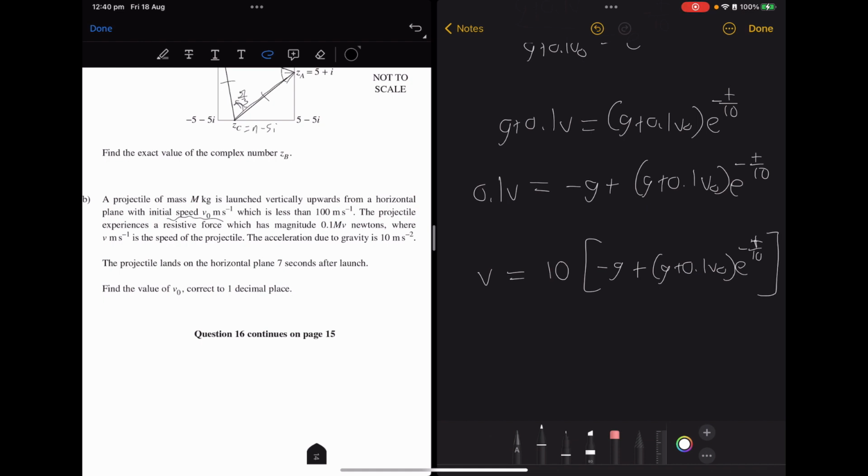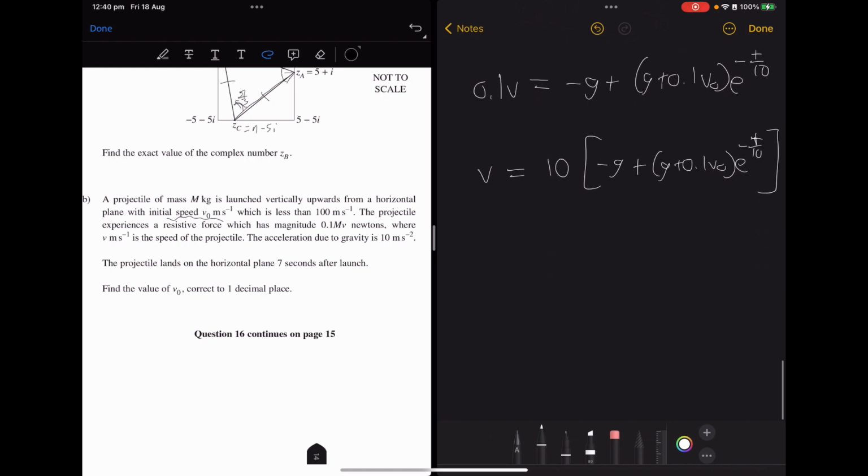Now the reason we do this is because we know that v is just dx over dt. Let's let x be the distance between the two. So let's integrate both sides. So the integral of dx is equal to the integral of 10 times (negative g plus (g plus 0.1 v naught) e to the negative t over 10) dt.